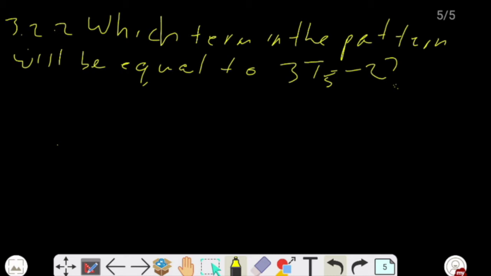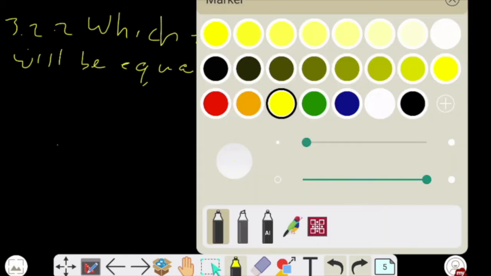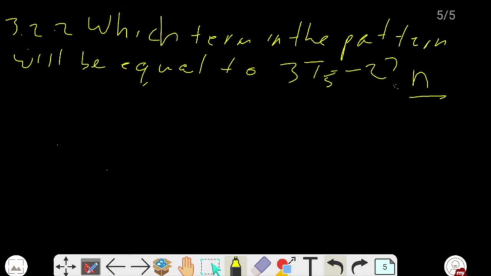So which term in this pattern will equal that? They want us to find n. For us to find n, we have to start with what we are given and what we know so far.